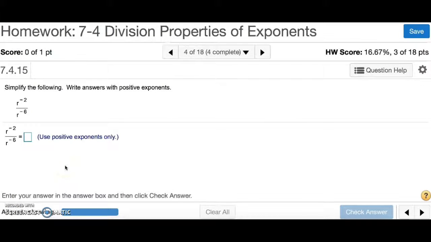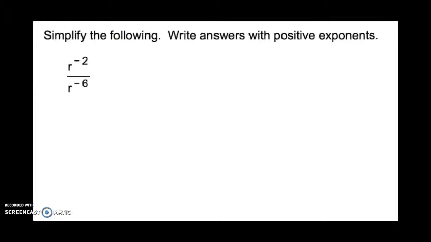Number 4 is asking you to simplify the following and write the answer with positive exponents. Notice how both in the numerator and the denominator, the exponents are negative. So what I like to do in this case is simply flip-flop the denominator and the numerator.